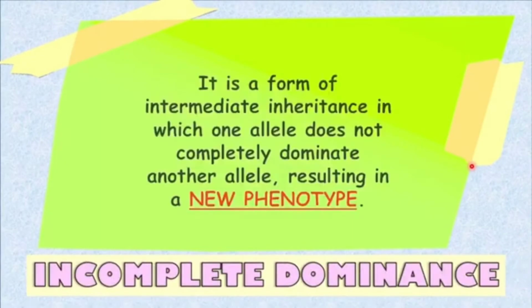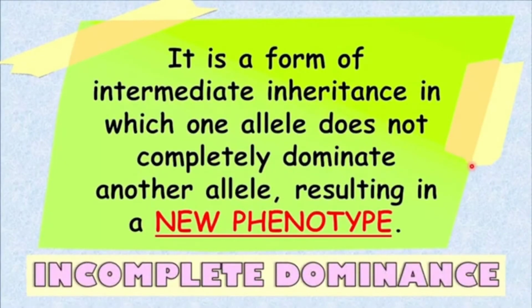That is incomplete dominance. It is a form of intermediate inheritance in which one allele does not completely dominate another allele, resulting in a new or a third phenotype. Let's have an example of incomplete dominance.